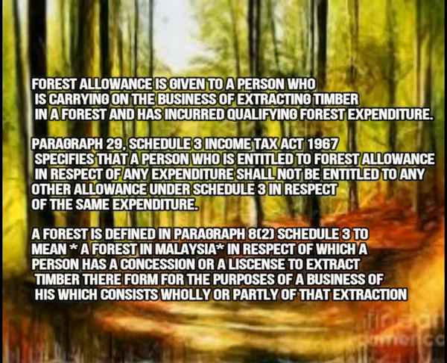A forest is defined in paragraph 8 to Schedule 3 to mean a forest in Malaysia in respect of which a person has a concession or a license to extract timber therefrom for the purposes of a business of his which consists wholly or partly of that extraction.